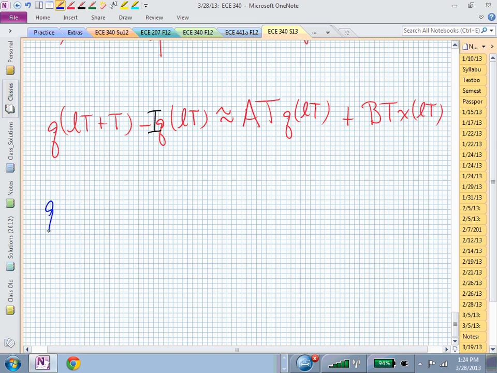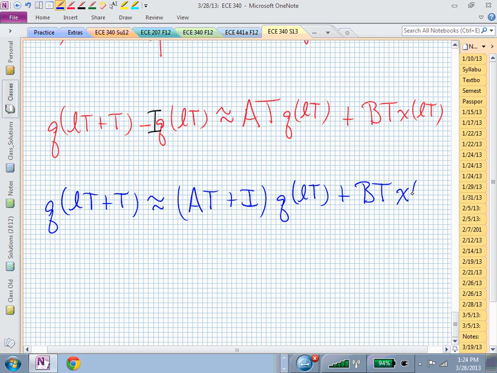I want q of LT plus T to be approximately AT plus I times q of LT plus BT x of LT. And what I can now do is, this is just a matrix, isn't it? I'm going to call that A sub D. That's now my discrete time system matrix.